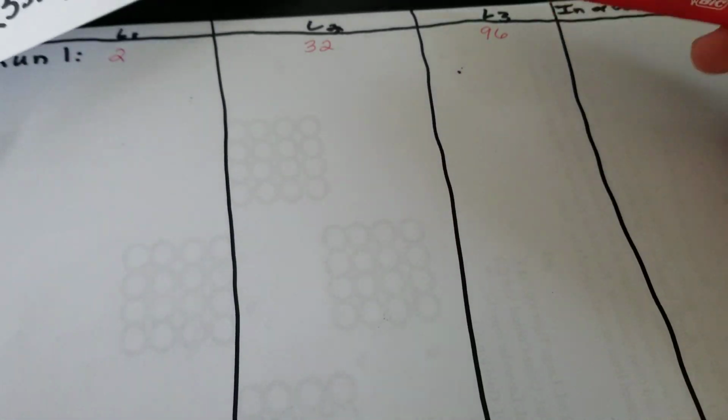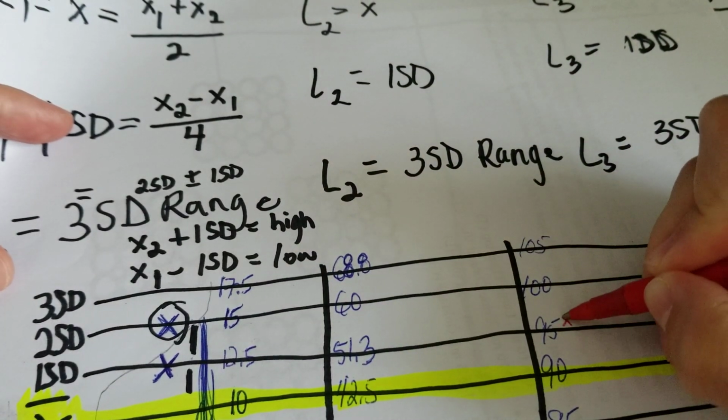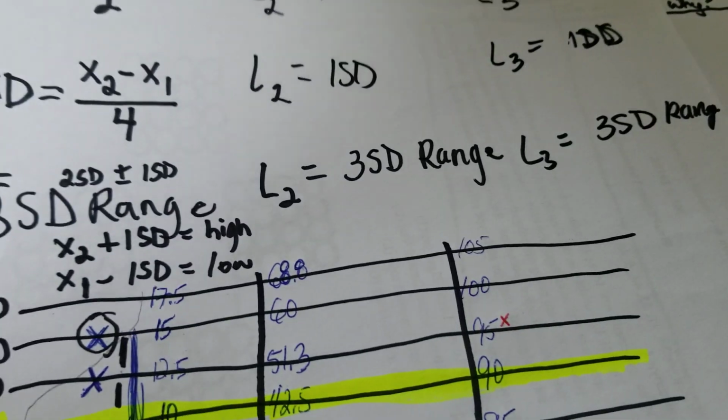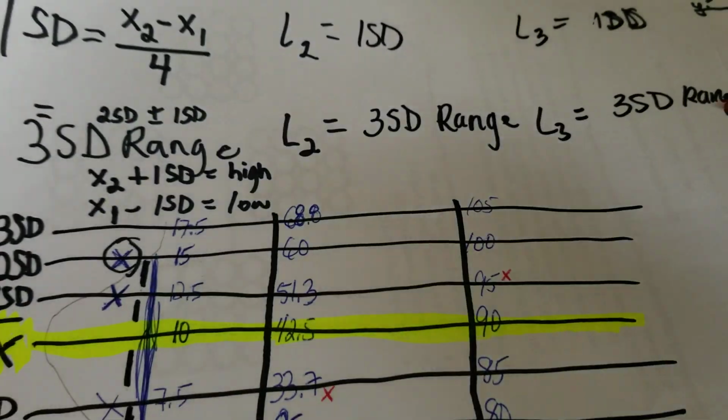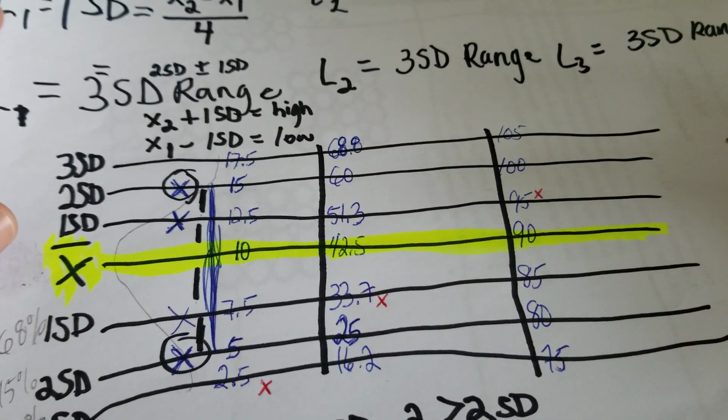Okay. And my level 3 was 96. And if we're going to plot that, that is right here. So what we have is the red X's.